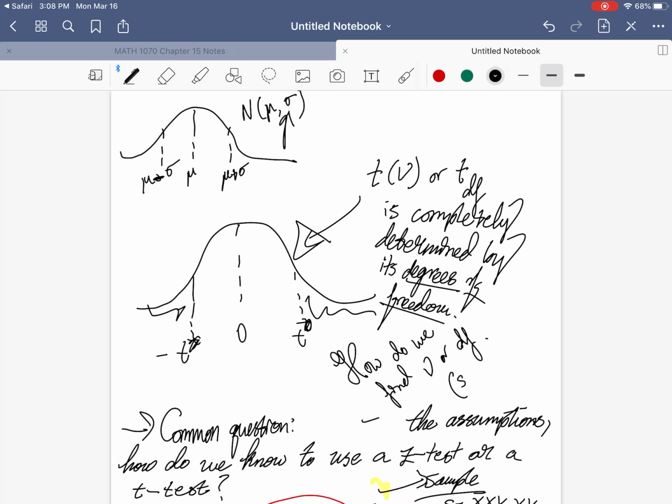And this is actually quite simple. It's sample size minus 1. So nu is equal to n minus 1.